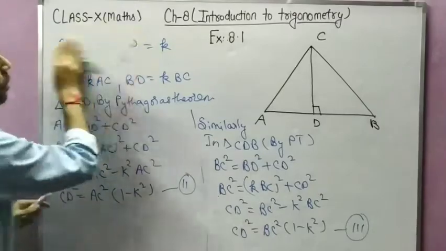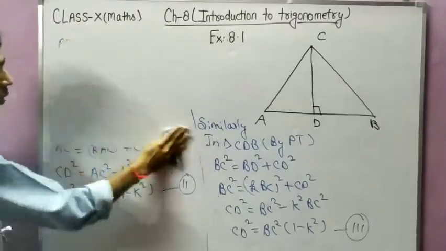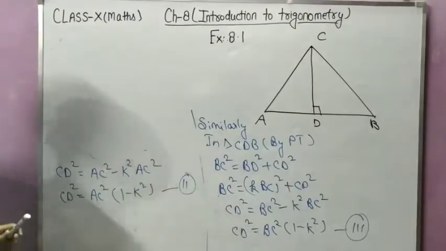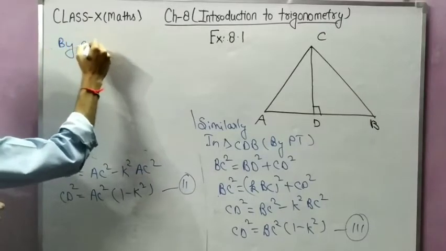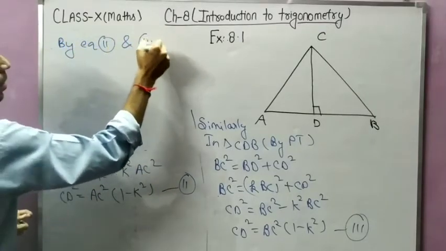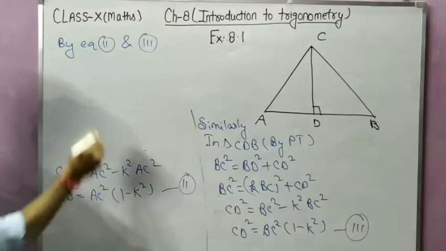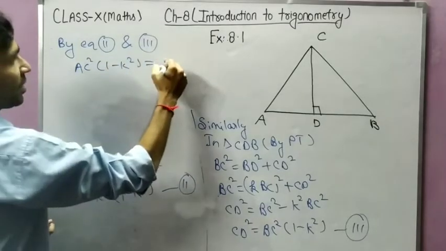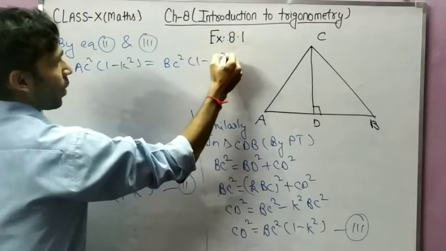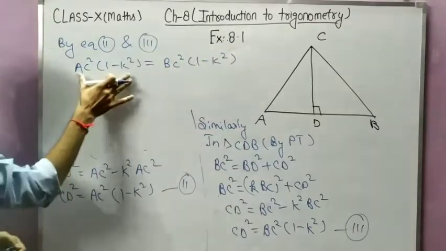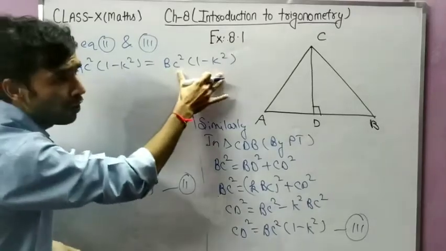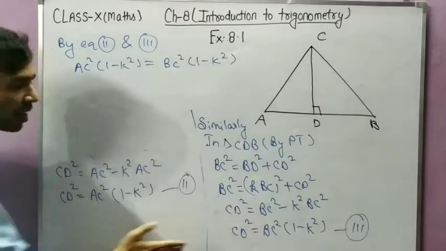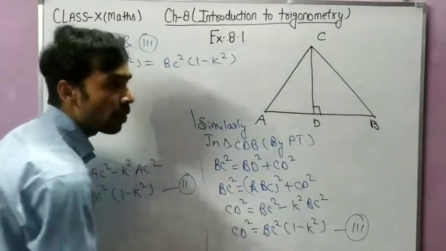Okay, so what we will write, student, after this I am writing here, by equation 2 and 3 we can say AC square in bracket 1 minus K square is equal to BC square 1 minus K square, because this is the value of CD square and this is also the value of CD square.